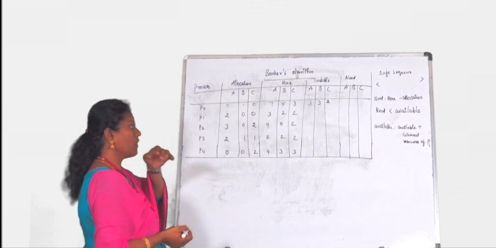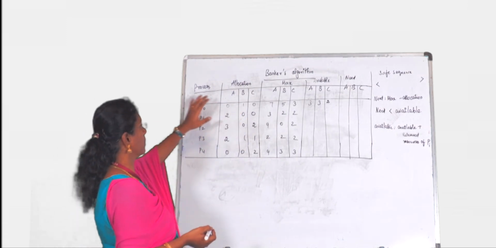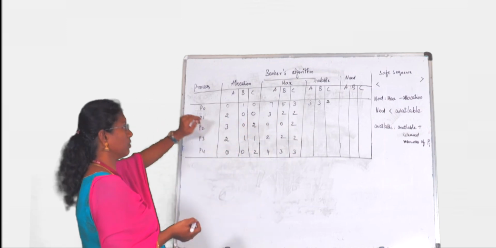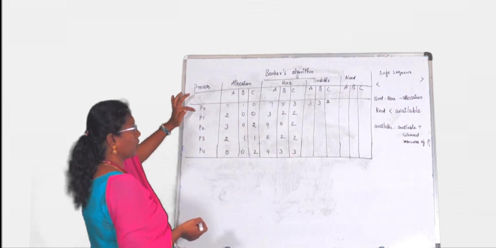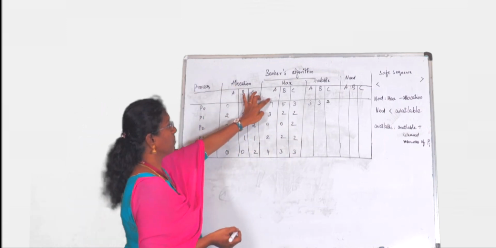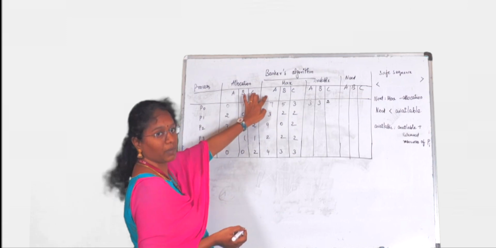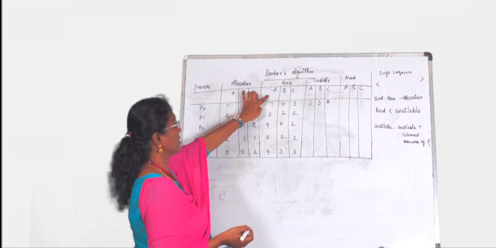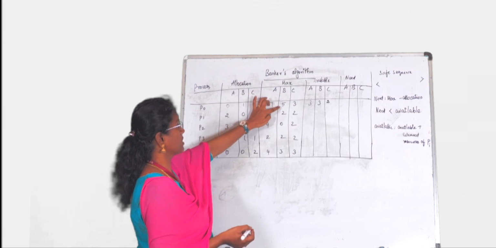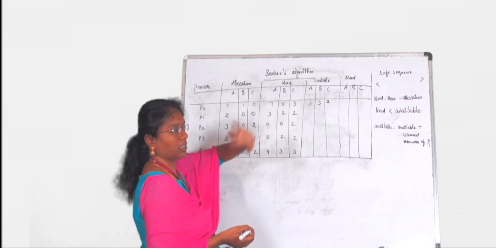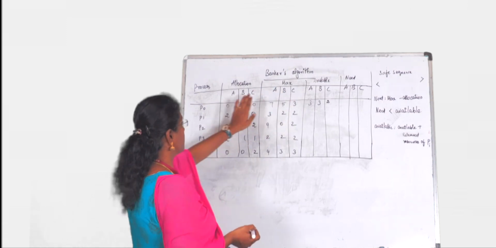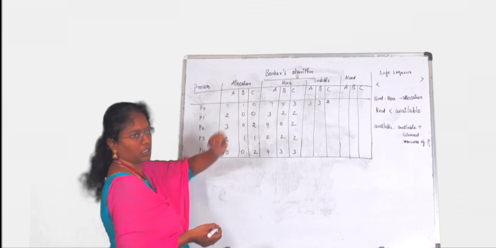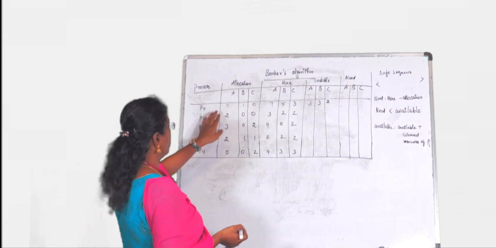Now they have given the processes. What is this 0 1 0, 7 5 3? I will explain that. For the process P0, the maximum resources for this process are 7 for instance A, 5 for B and 3 for C. But how much has been allocated? 0 of A, 1 of B and 0 of C. So this has been allocated.